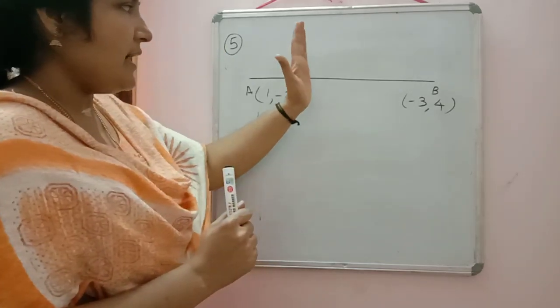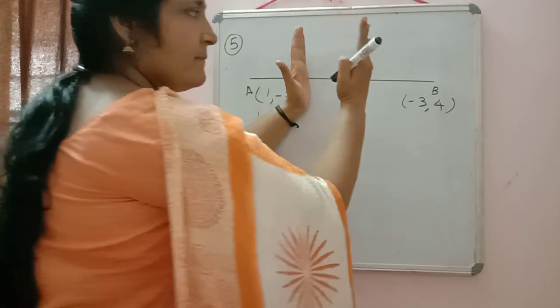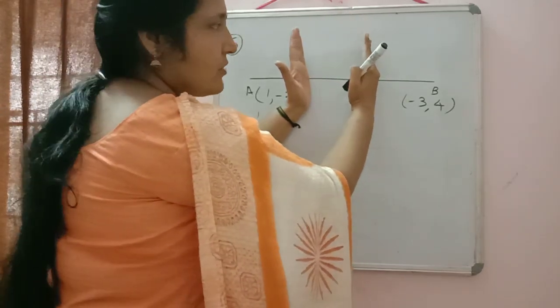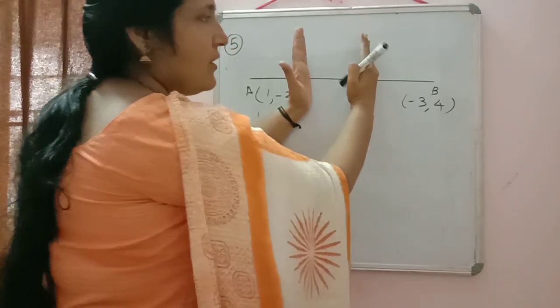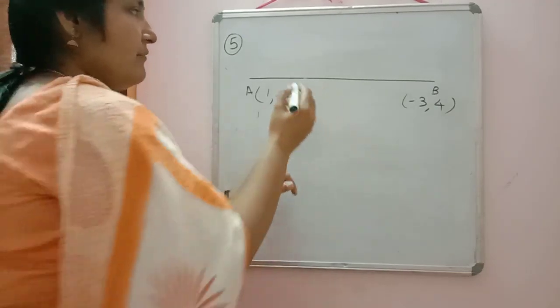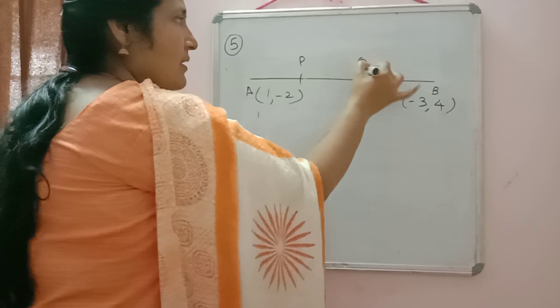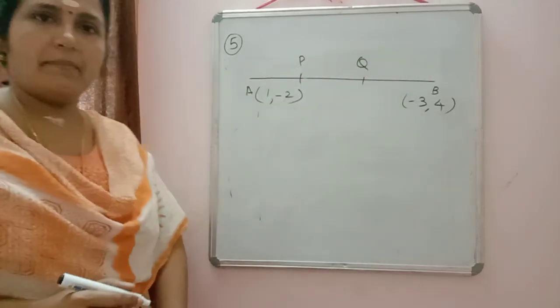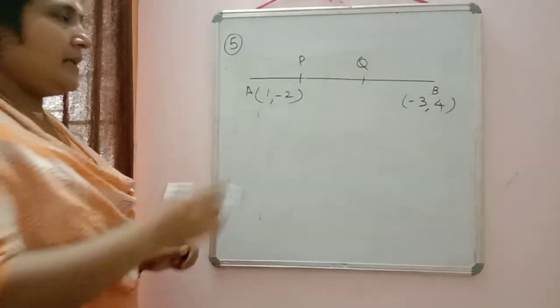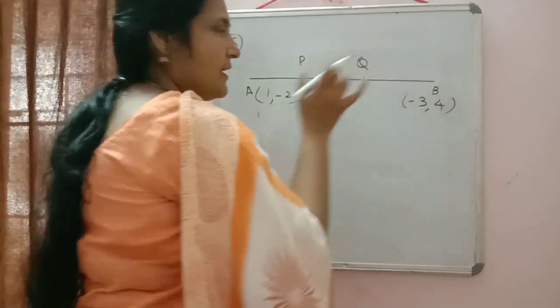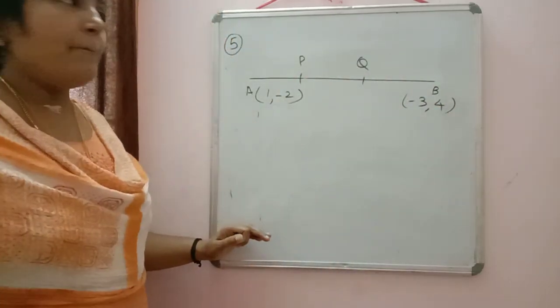So we have to divide the line segment AB in 3 equal parts. So how many lines we have to draw? Only 2 lines there. So I have drawn 2 points here, P and Q, which trisect the line segment AB. Trisect meaning which divides the line segment into 3 equal parts.